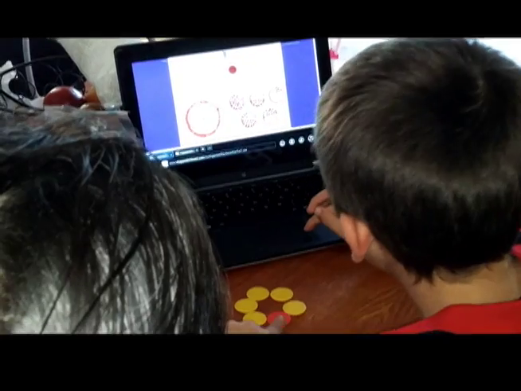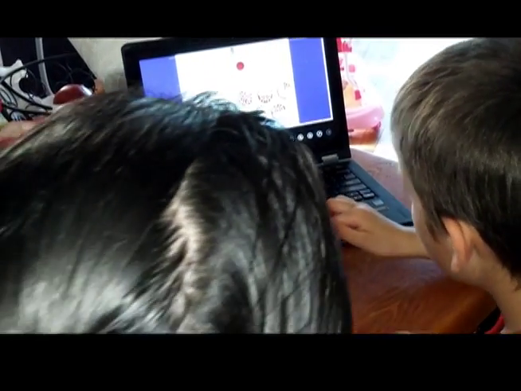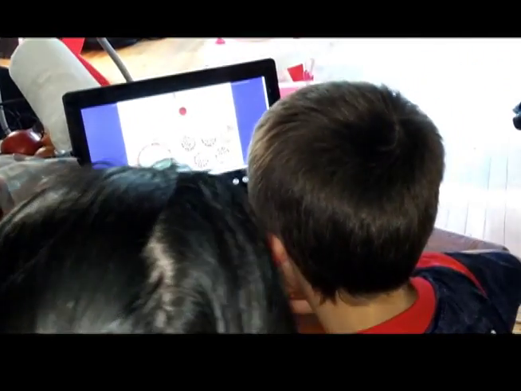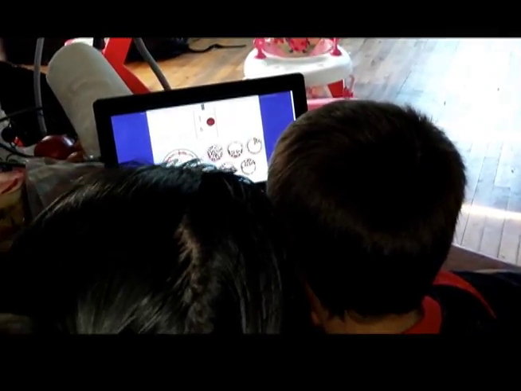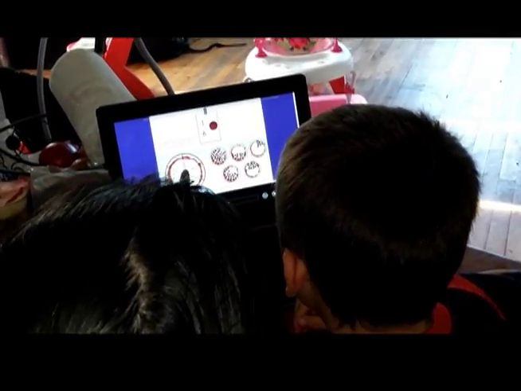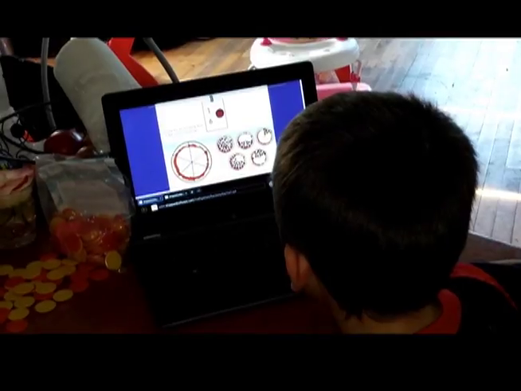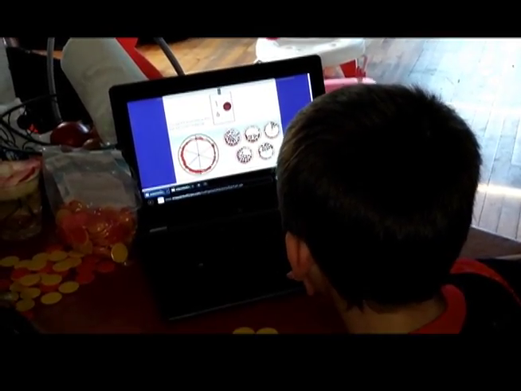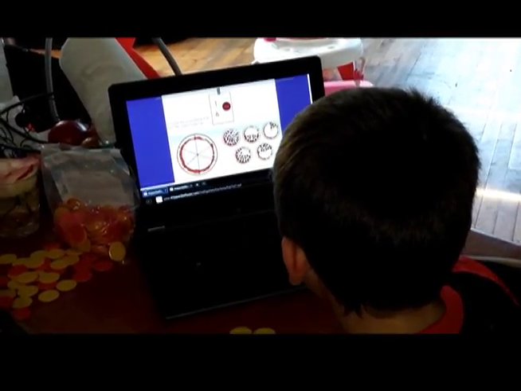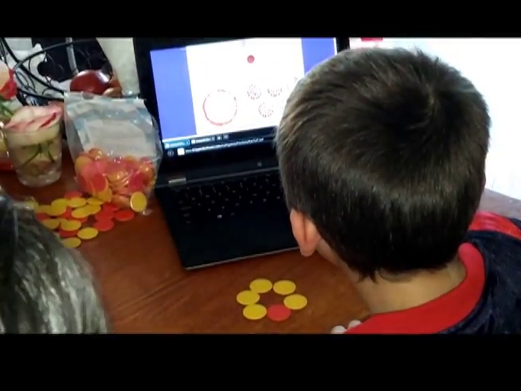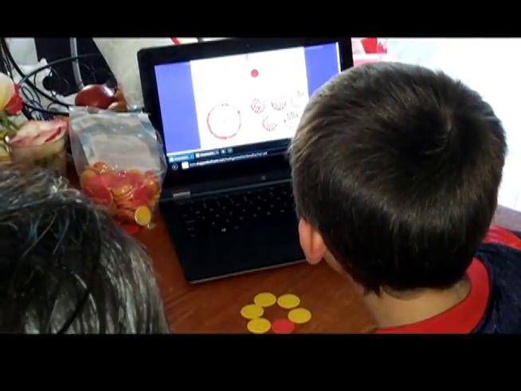You're only looking for one slice. Okay, you have your pizza. You're only looking for one slice that has pepperoni on it. It has to have pepperoni on it.